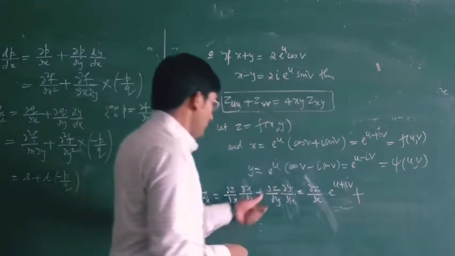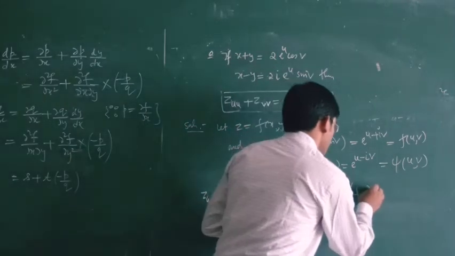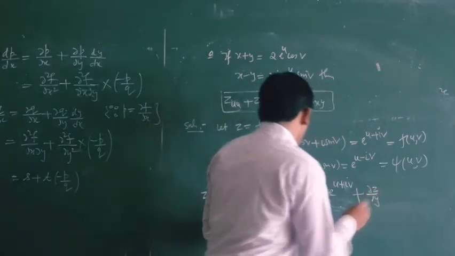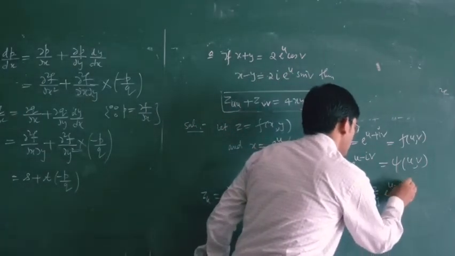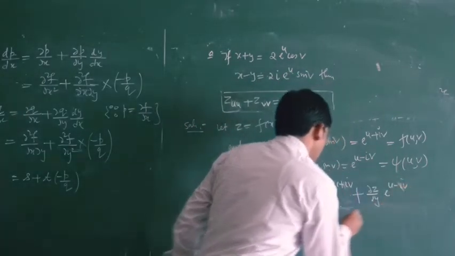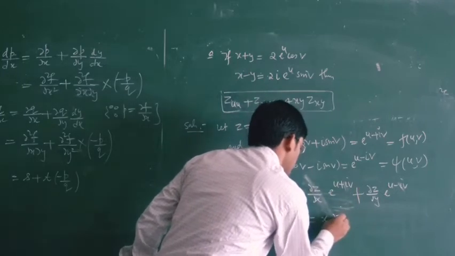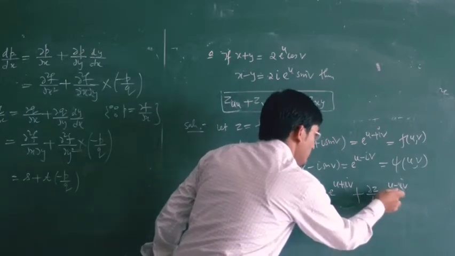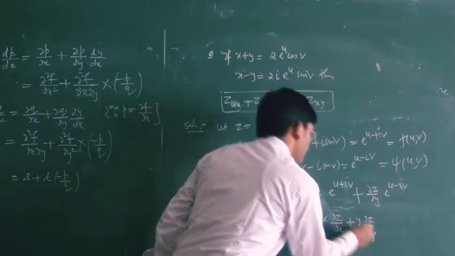Then del z upon del y into del y upon del u. So this will be del z upon del y, and del y upon del u will be again e to power u minus iv. So we can write it as, u plus iv is x. So this is x into del z upon del x. Your e to power u minus iv is y. So this is y del z upon del y.